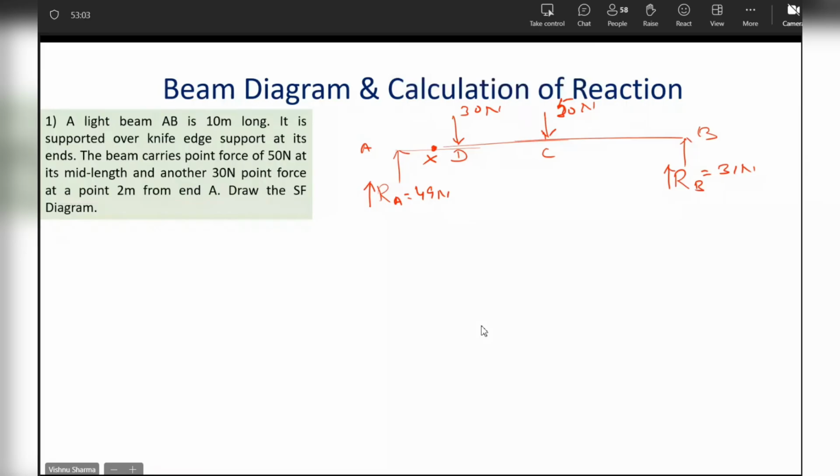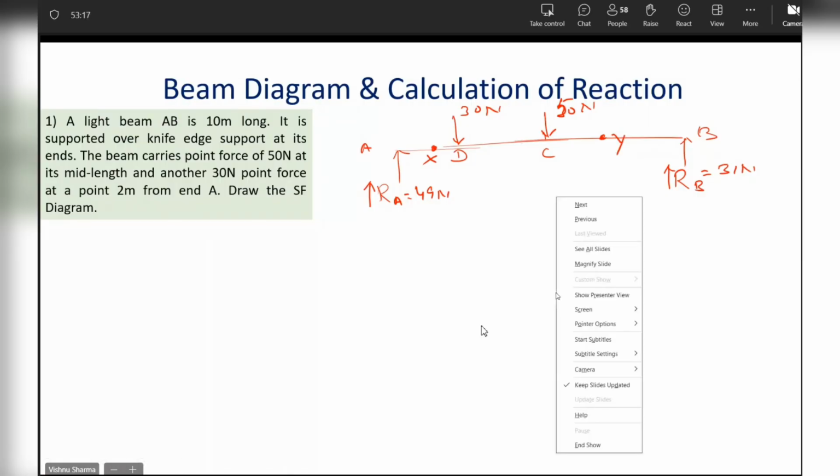CB. Okay, anywhere you can take. Distance is immaterial for this. When we come to bending moment, then the distance will also become important. In this question, it doesn't make a difference.